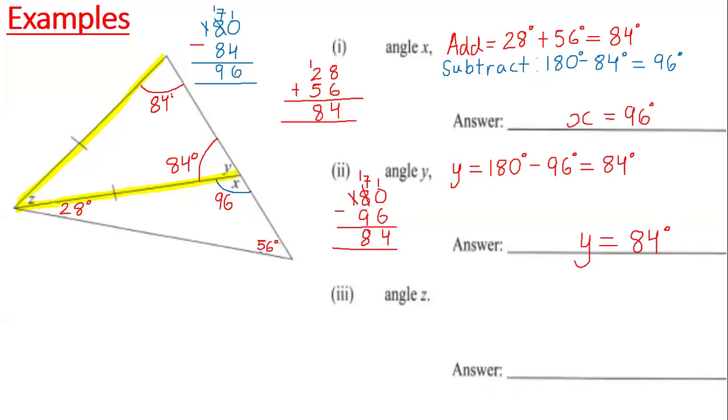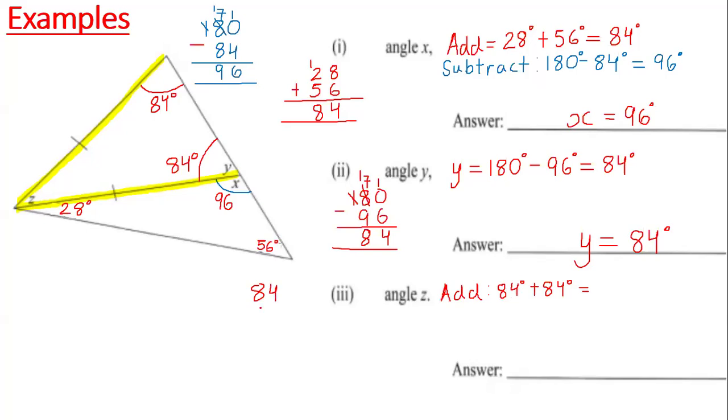Then we have to add up 84 plus 84, then subtract from 180. Very good. So we have 84 degrees plus 84 degrees. 168. And that gives us what? You say 168?